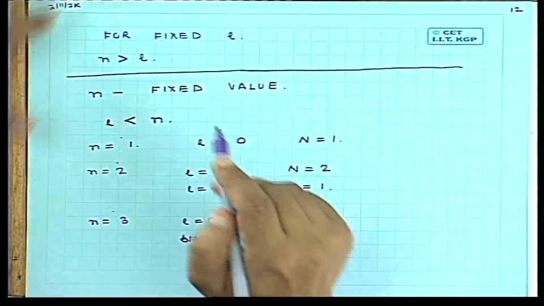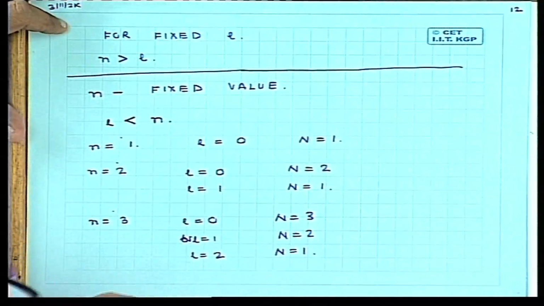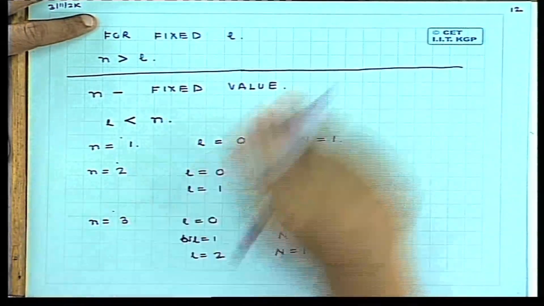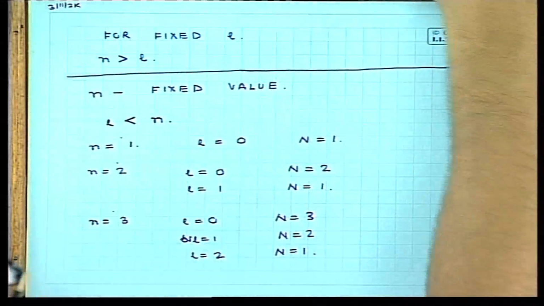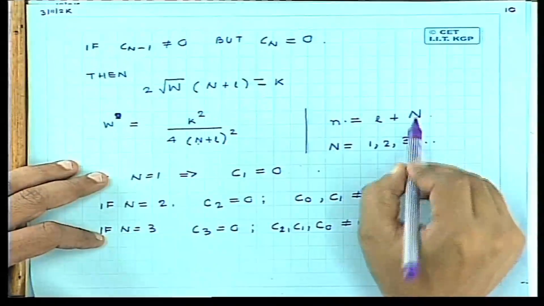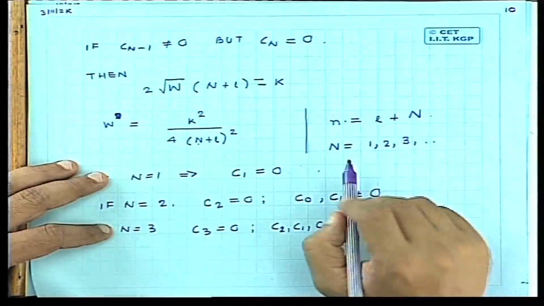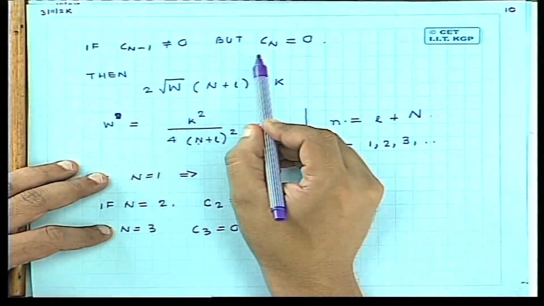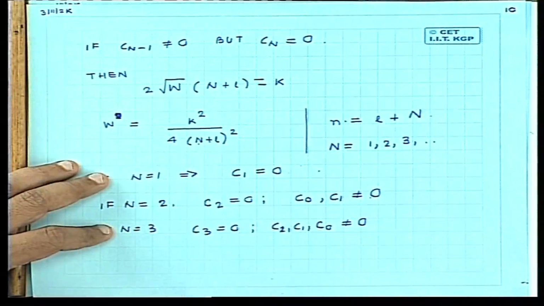So if we fix the value of n, for example, if n is equal to 1, then the fact that this small n is equal to L plus capital N, and obviously the 0th coefficient cannot disappear, otherwise the whole polynomial, the whole wave function disappears.